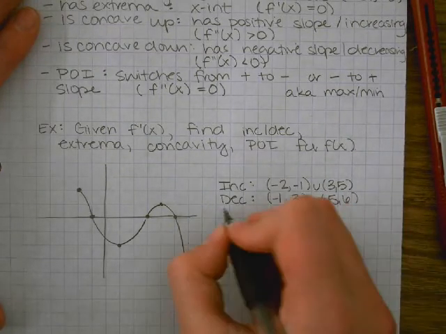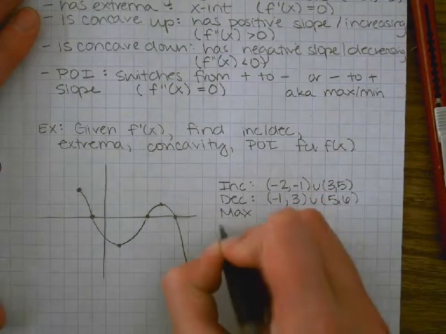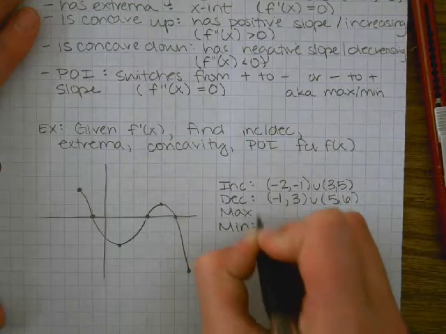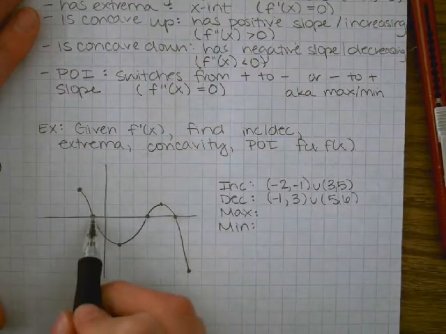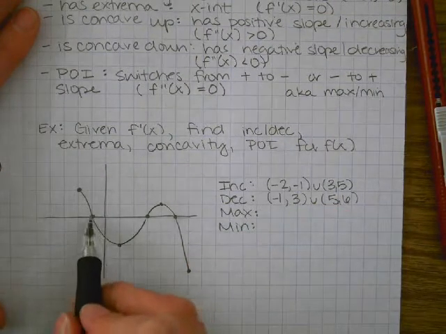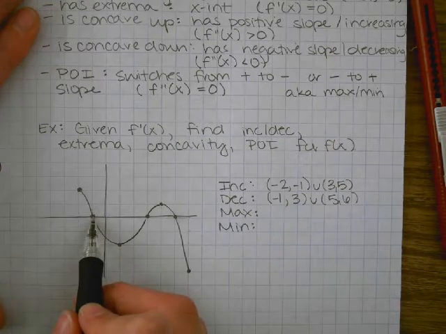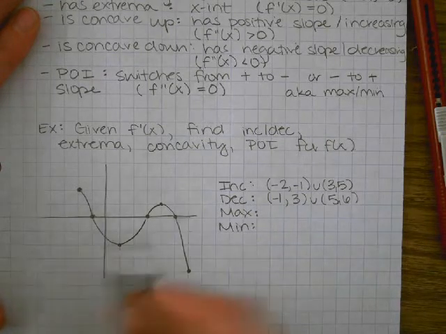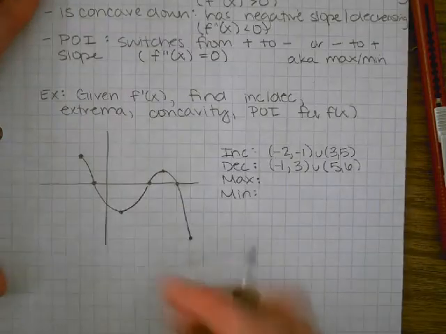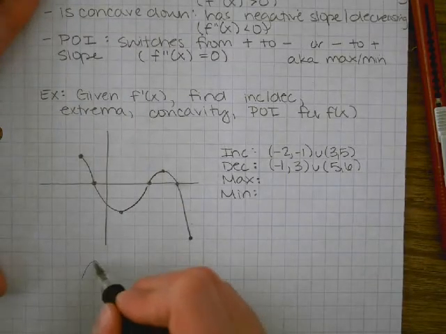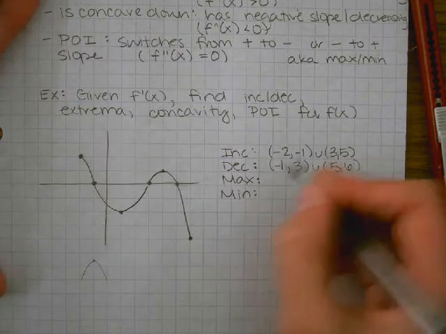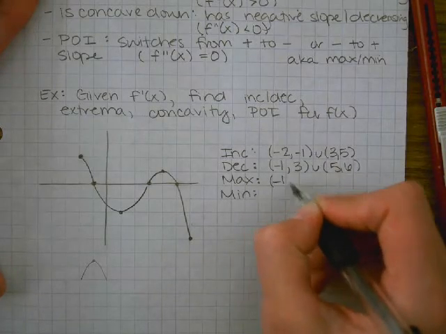The extrema, the maxes and mins, are all these x-intercepts, because this is where we switch from increasing to decreasing. So if I picture this x-intercept right here, it was increasing and then it was decreasing. If I am picturing my original graph, it went from increasing to decreasing, and so that's a maximum. So I have a maximum at -1.